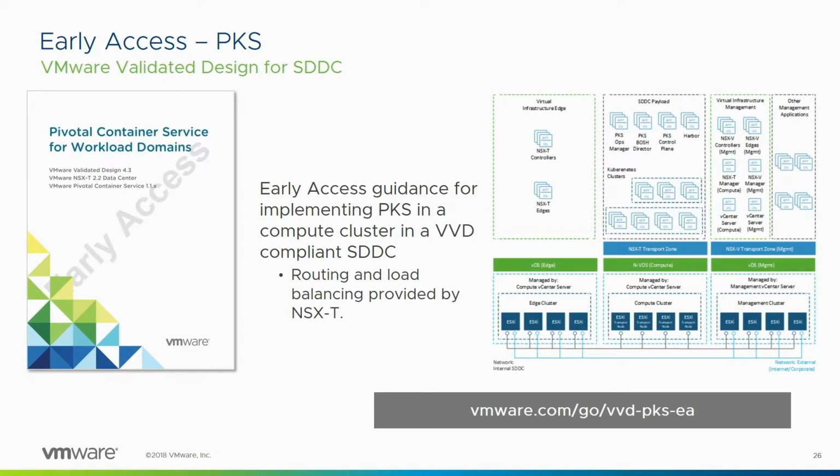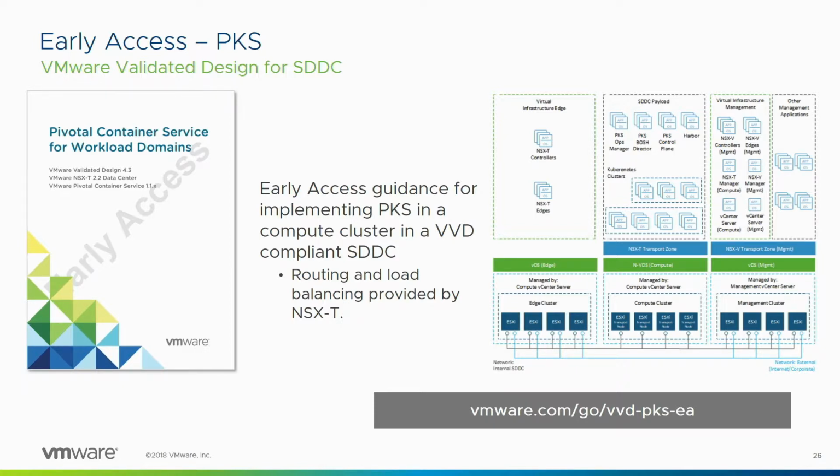Secondly, this one's for PKS. Now you'll notice we've labeled this early access, and we will actually watermark it with early access. All the early access documents don't get published on docs.vmware.com, which is where we normally put our VVD stuff. We put this on the community site, which is like the VMware forum, if you like, partly to show that it's an unvalidated thing.